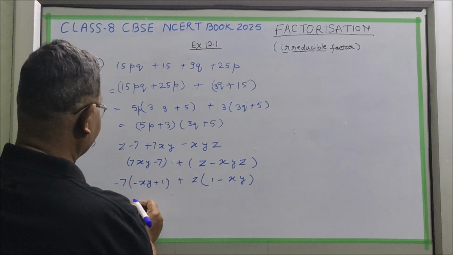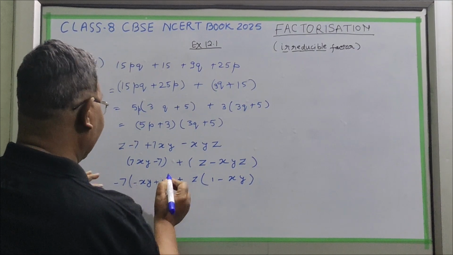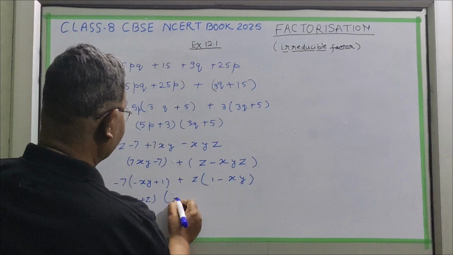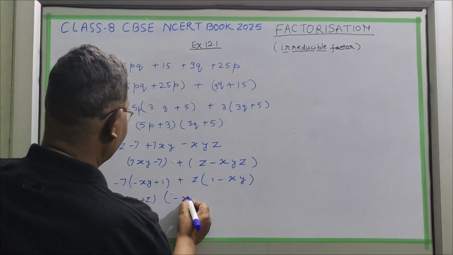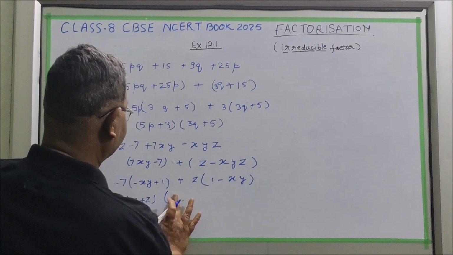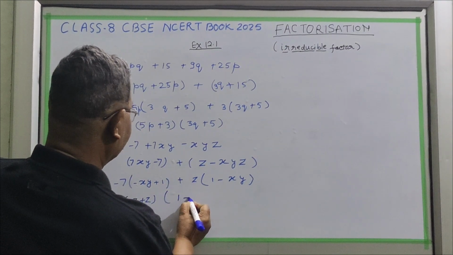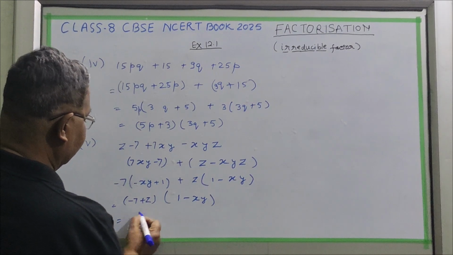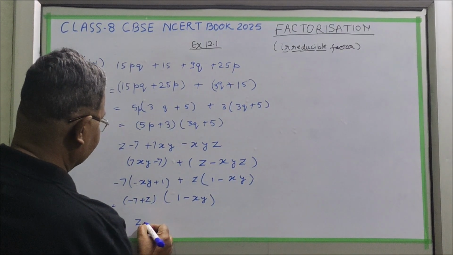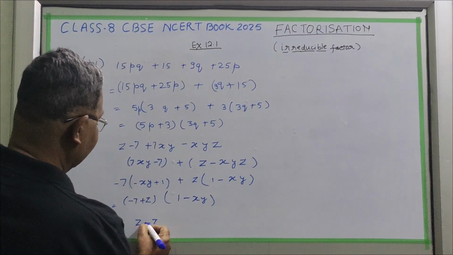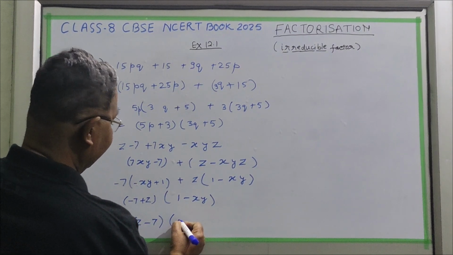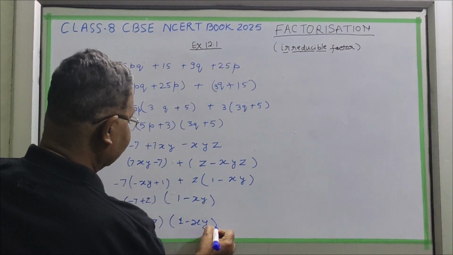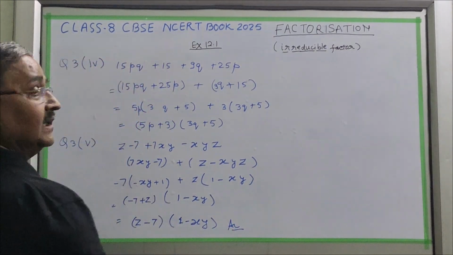So it has become minus 7 plus z, and here plus 1 minus xy. So make it like this: plus z minus 7, and here 1 minus xy, and this is your answer. Okay.